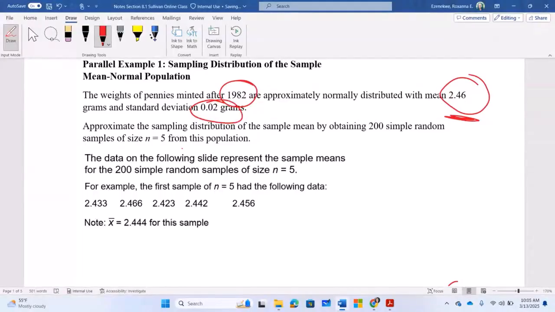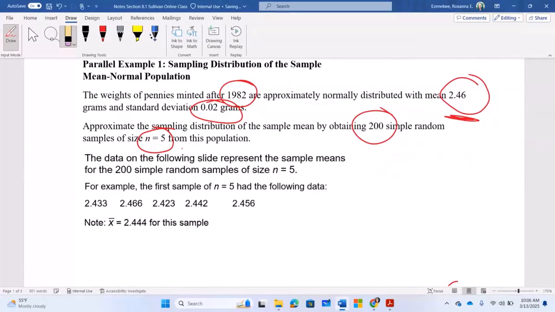Then they said approximate the sampling distribution of sample means by obtaining 200 samples of pennies with a sample size of 5. So they decided to collect 200 samples. This is the big sample, obtaining 200 simple random samples of n equal to 5.